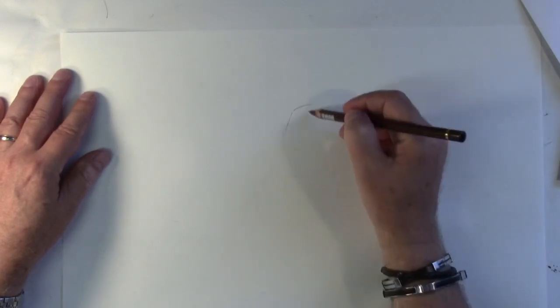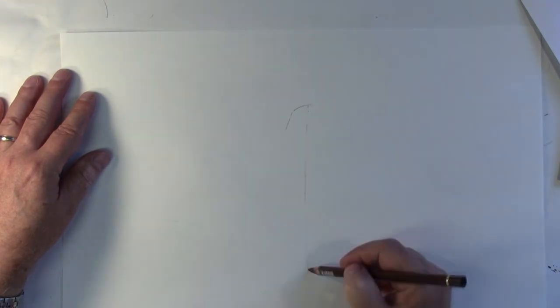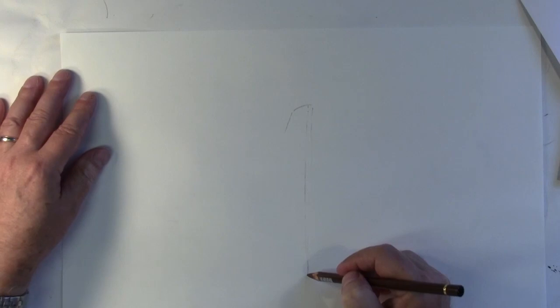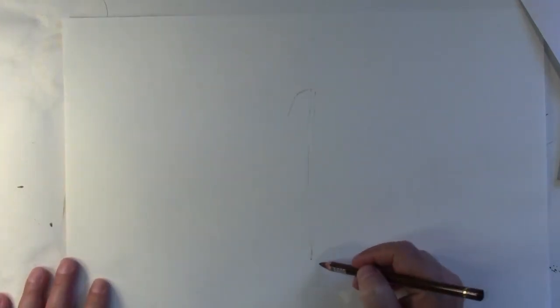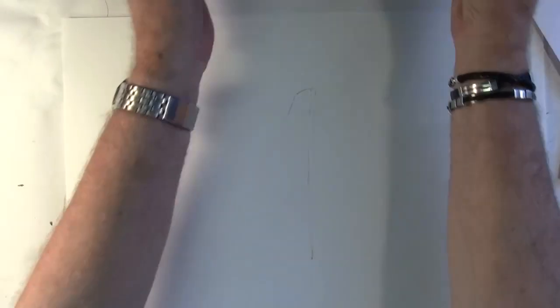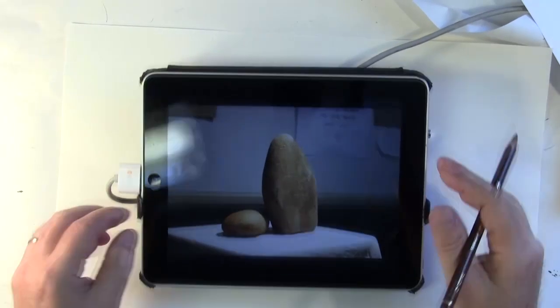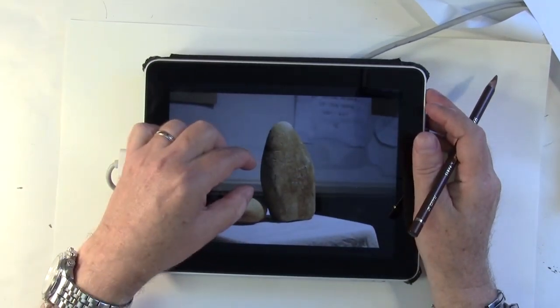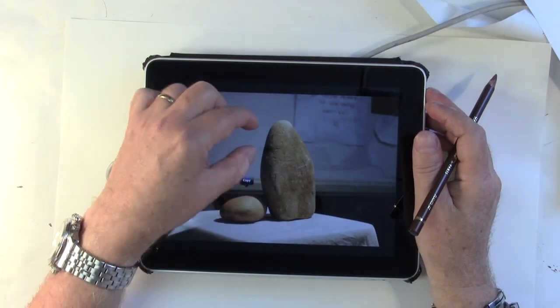Okay, so what we want to do is establish the size of our major first part, which is the big rock. Then we want to measure how many of these little rocks make up the big rock. So it's 1, 2, it's about 3.